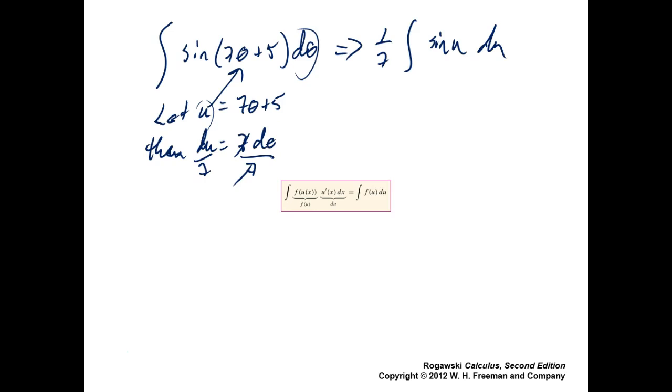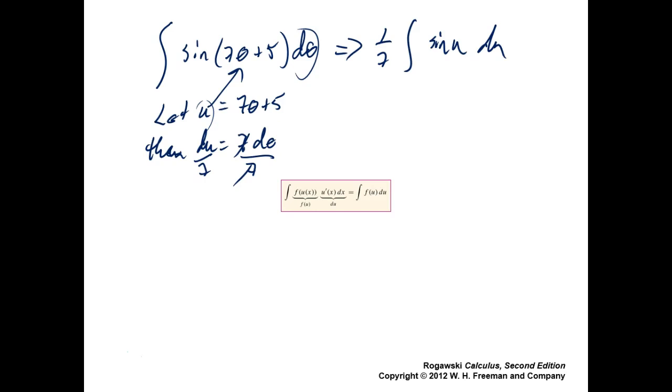That's the only part you substitute. Put u in where you have that, and where you have d theta, you put this in. So you have 1/7 sine of u du. Du over 7. Okay.